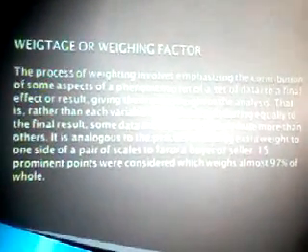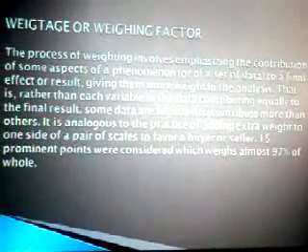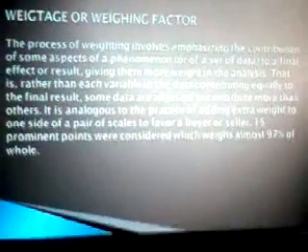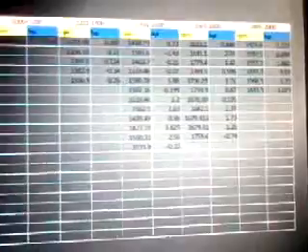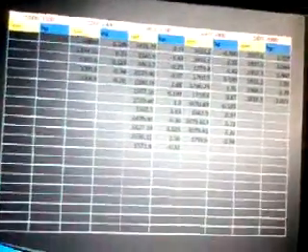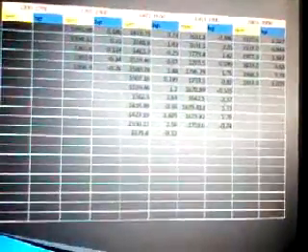Then we have calculated the 15 points on the basis of this analysis, which will determine 97% of the cluster. This is the procedure for the selection of the weightage, that is 15 points at different RPM and at different HPs.